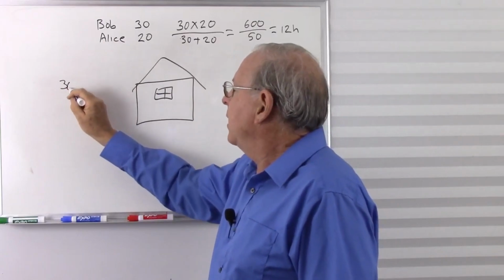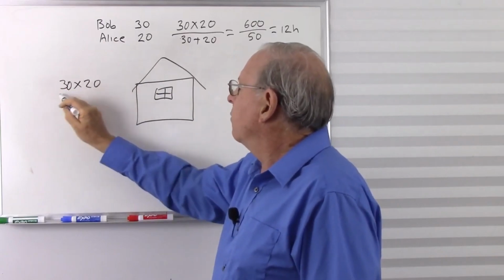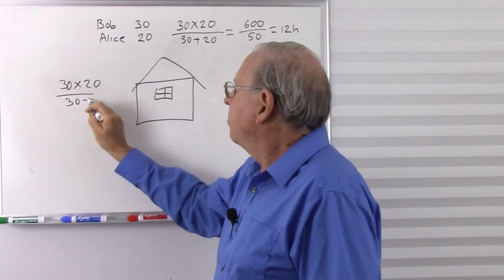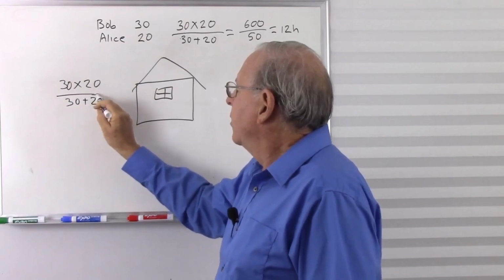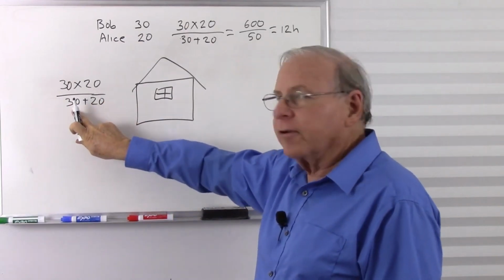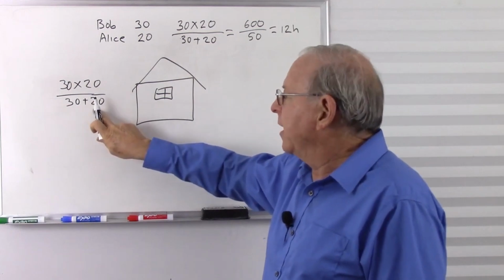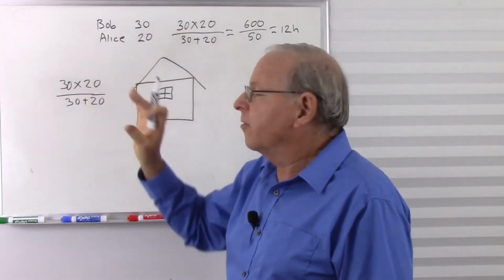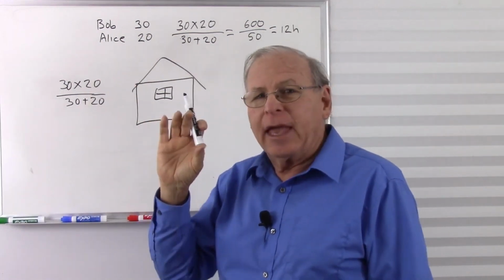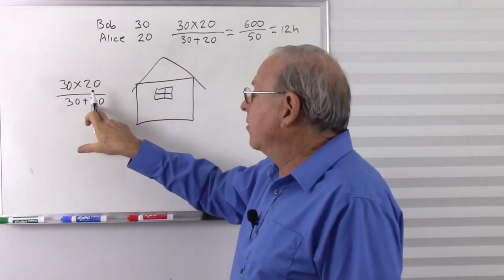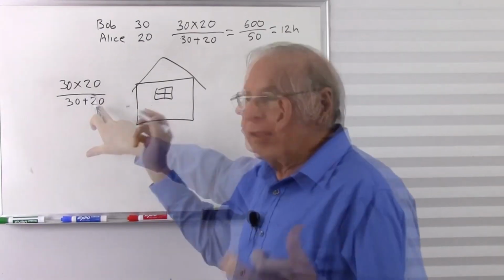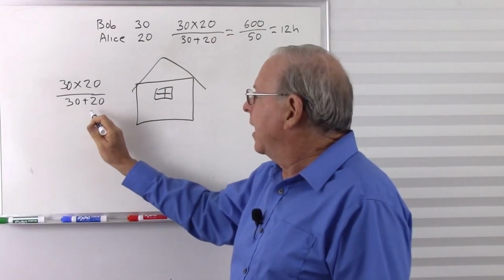We have 30 times 20 over 30 plus 20. We know Bob will take 30 hours, Alice will take 20 hours, and we know together they'll take something less than the lowest number, so less than 20 hours.